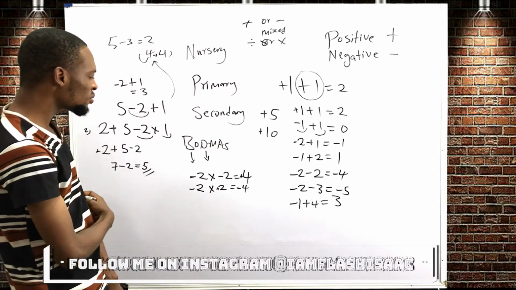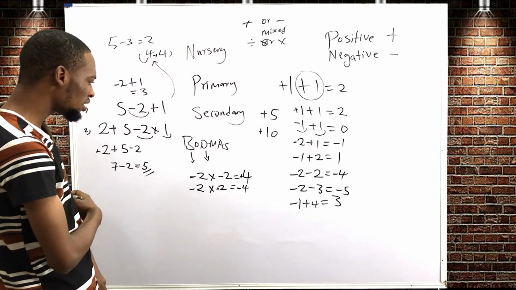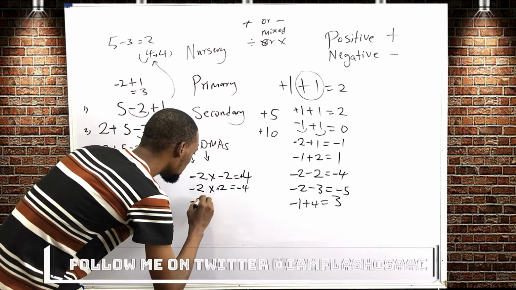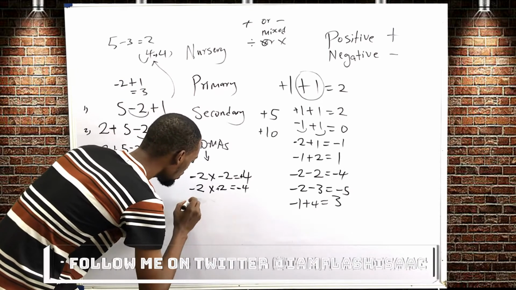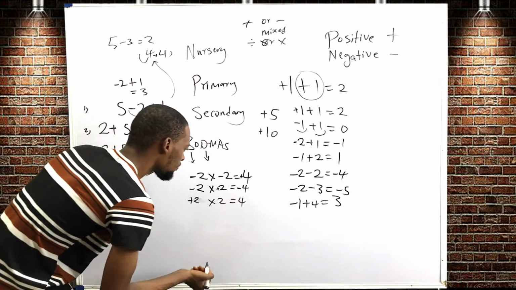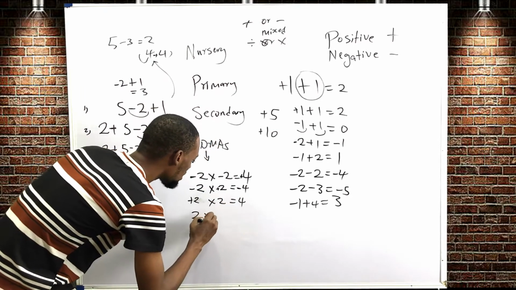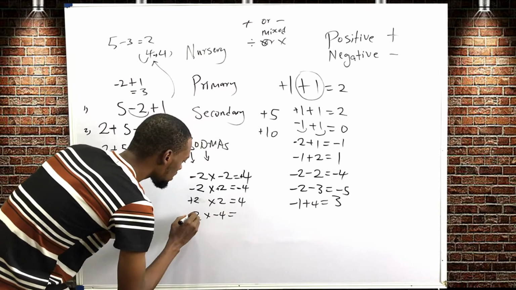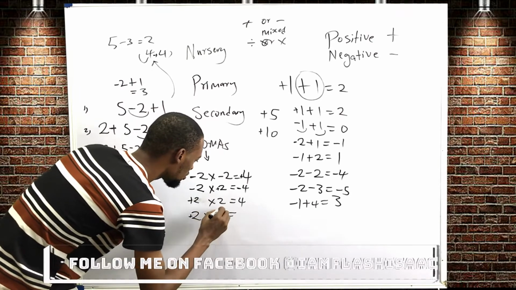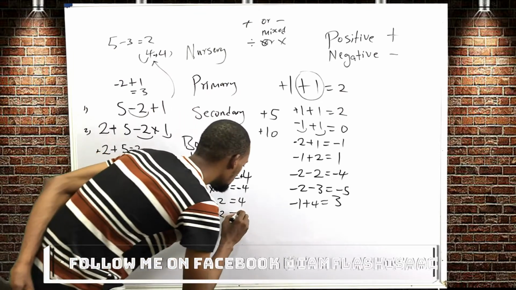So minus 2 times 2 is minus 4. Then plus 2 or normal 2 times 2 is equal to 4. Then 2 times minus 2 is equal to minus 4.